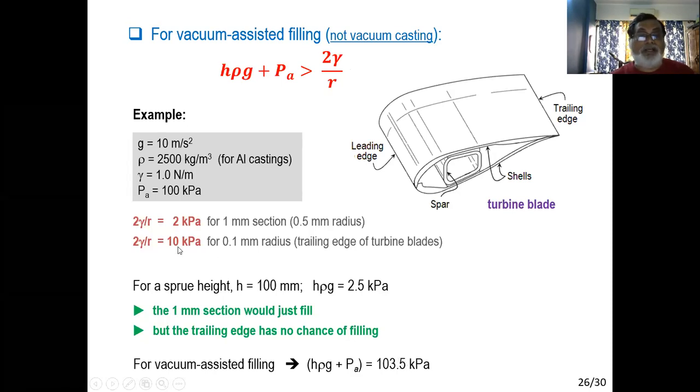So the resistance is 10 kPa, but we are forcing the liquid using more than 100 kPa. So liquid metal can easily enter into the trailing edge. So for casting having this narrow section, vacuum assisted filling is of great help.